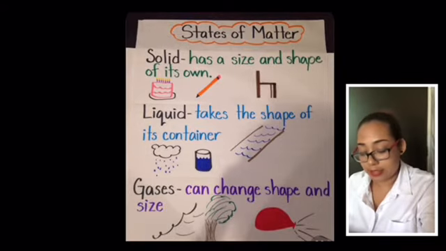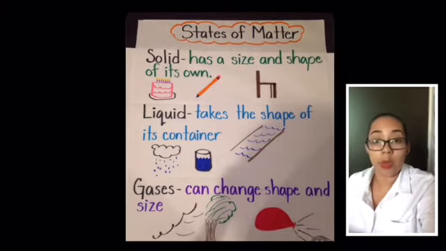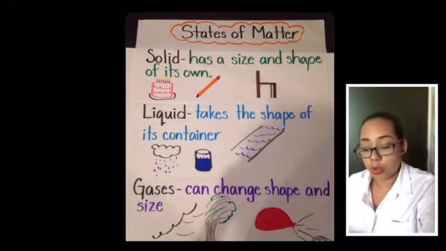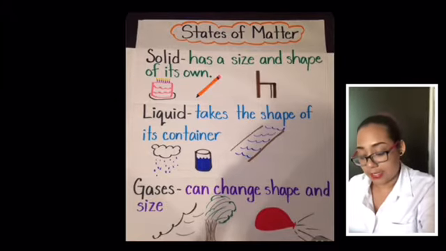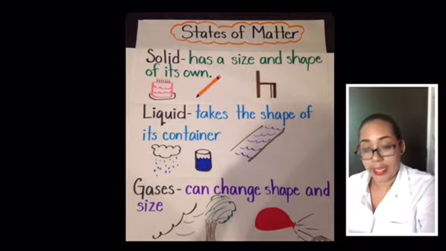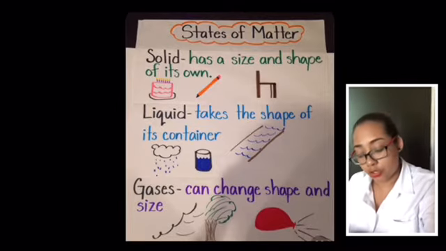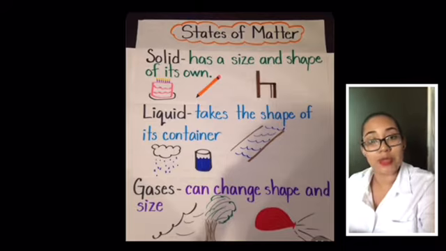Gases can change shape and size. For example, when you blow up a balloon, the balloon starts forming its own shape according to the amount of gas that gets inside the balloon. Also, the branches of a tree move according to the air.